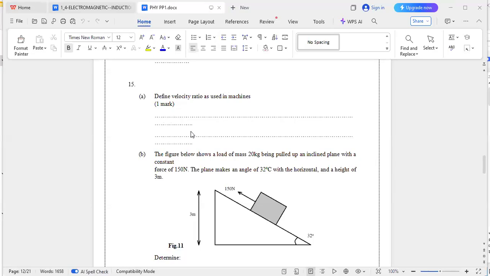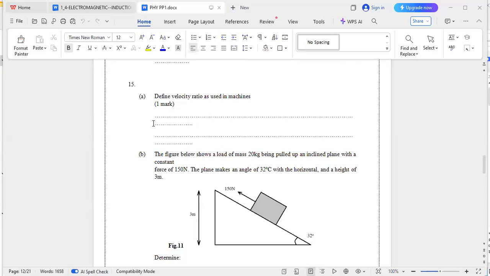So we can do number 15 quickly. We have someone else with a question. Yes. Please send the paper. Yes, I will share the paper with the form master. Then you can access it.